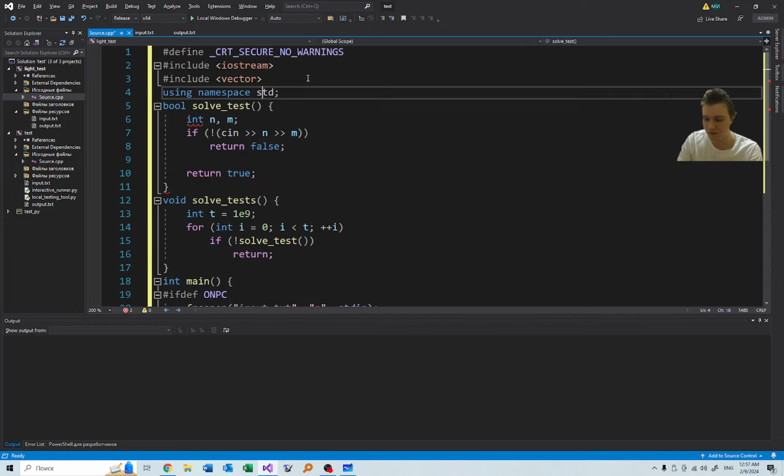And then we print the answer. Finally, what we really need to do is to create modulus and sort the arrays.